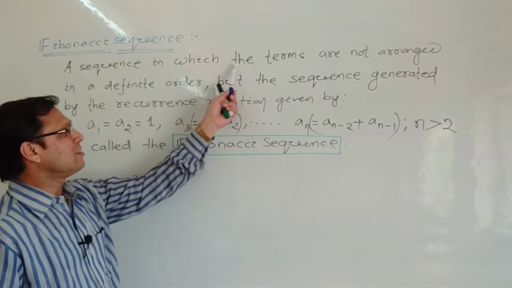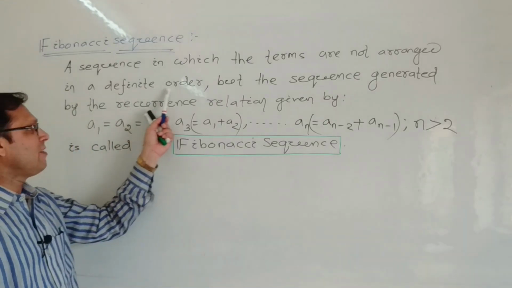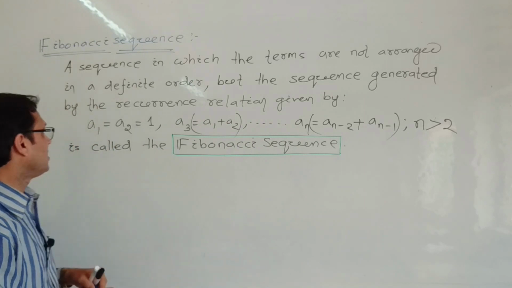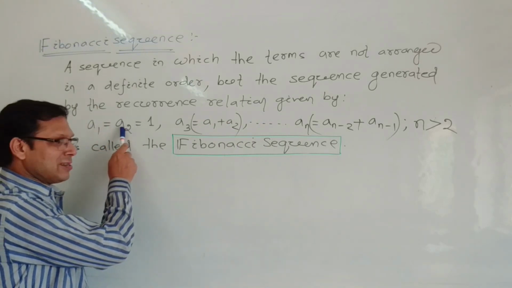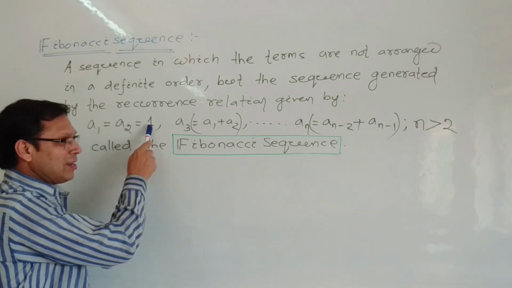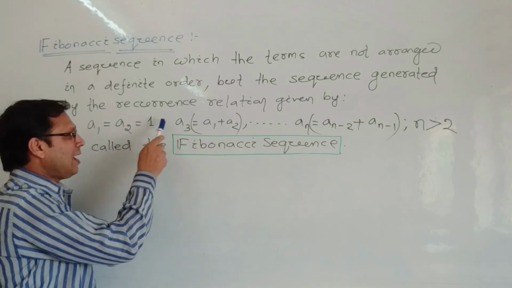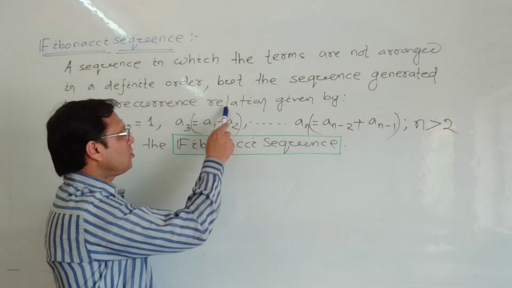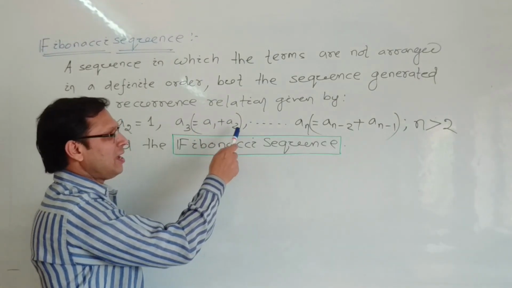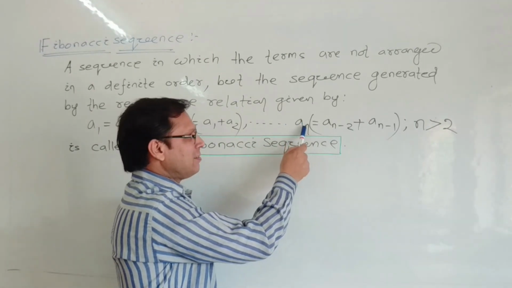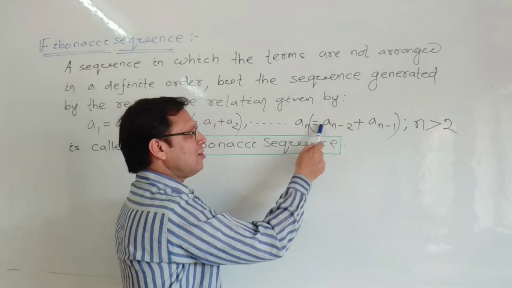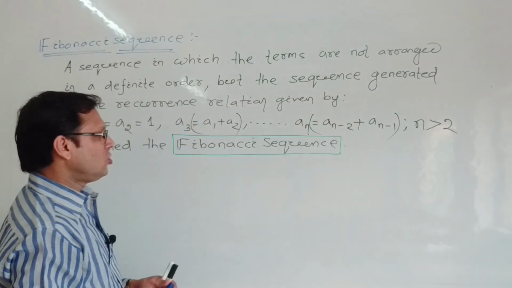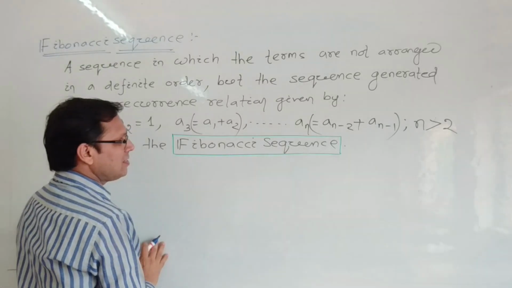It is a sequence generated by a recurrence relation, which is given by the first term and second term, each equal to 1, that is a1 is equal to a2 is equal to 1, and a3 can be obtained by a1 plus a2, that is the sum of the first two terms. Likewise an can be obtained by the general formula an is equal to an minus 2 plus an minus 1 for n greater than 2. This is called the Fibonacci sequence.